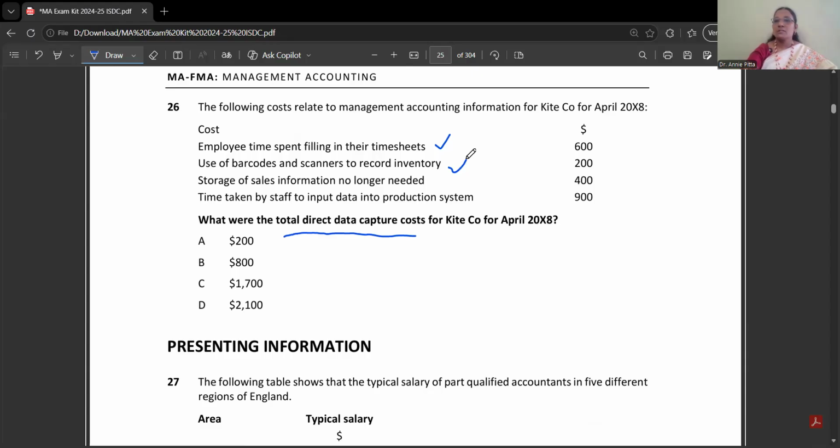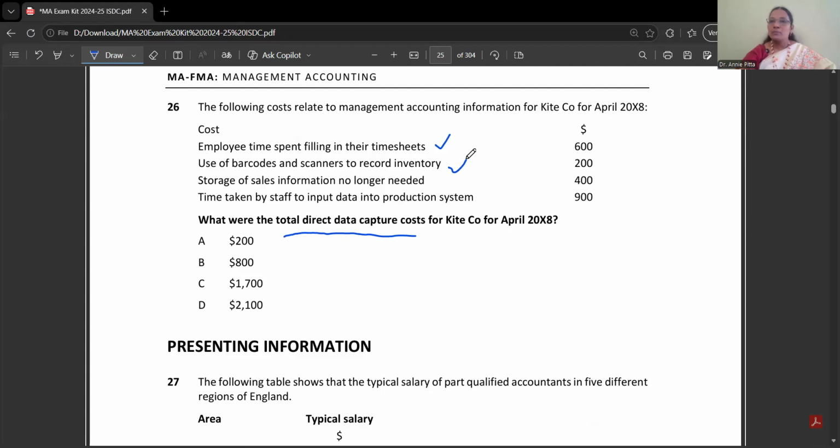Some inferences are drawn based on which decisions are taken. So these are the steps that take place. After a while, when this data becomes old or outdated, then a decision will be taken about whether to keep that data or delete that data. So here we are talking about some old data which was earlier collected. Storing that data, storage of sales information no longer needed.